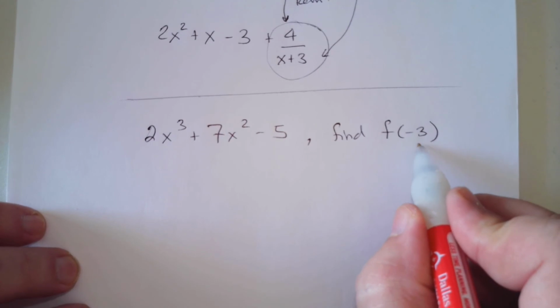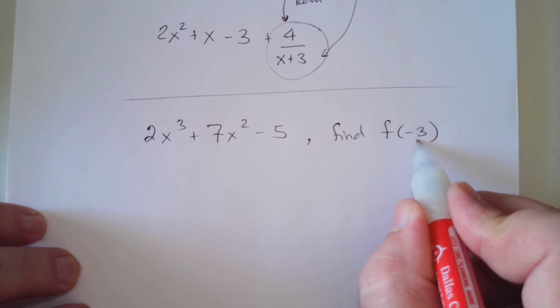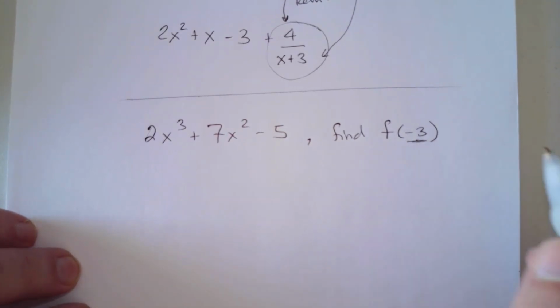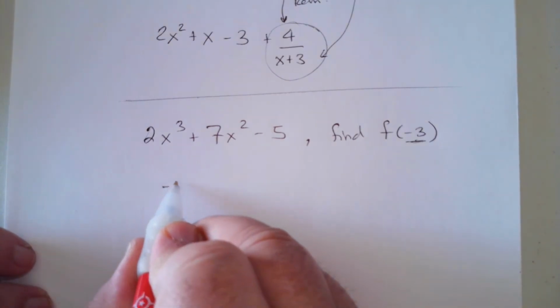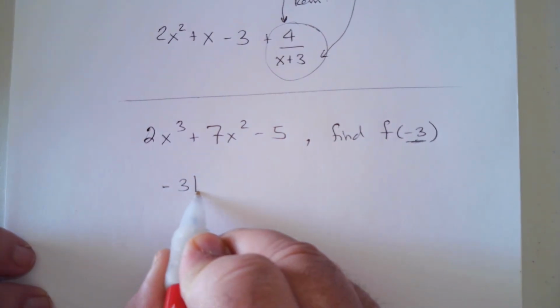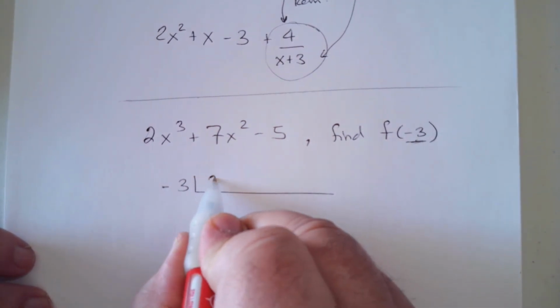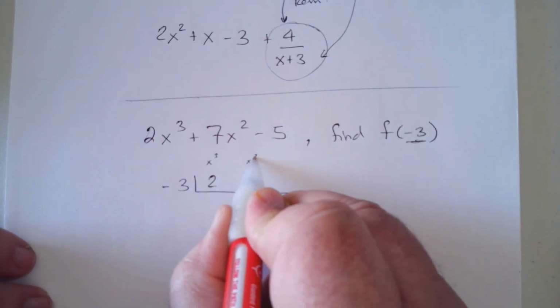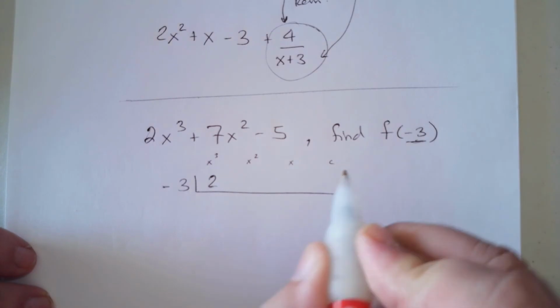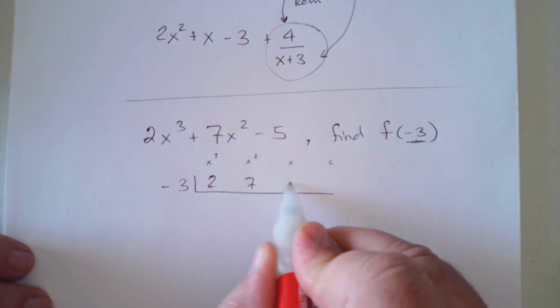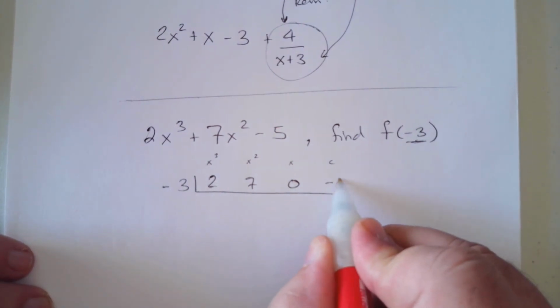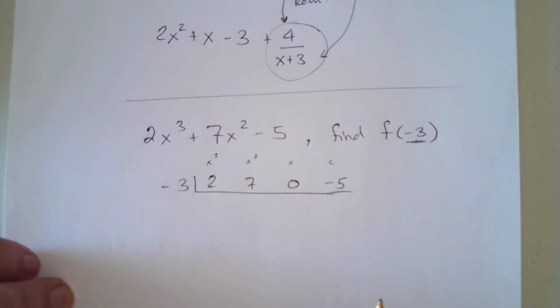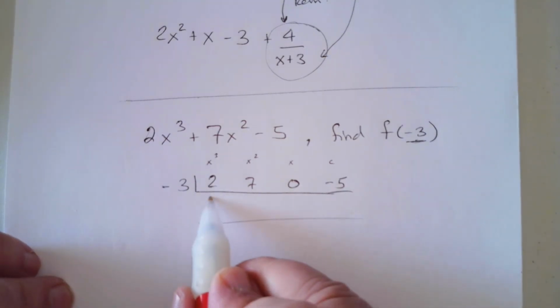If I give it to you this way, I already put the 0 in there. Then just put negative 3, 2, this is x cubed, x squared, x, constant. So positive 7, there's no x's, minus 5. And then we repeat the process.